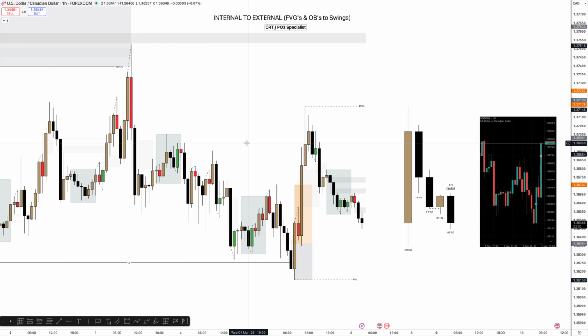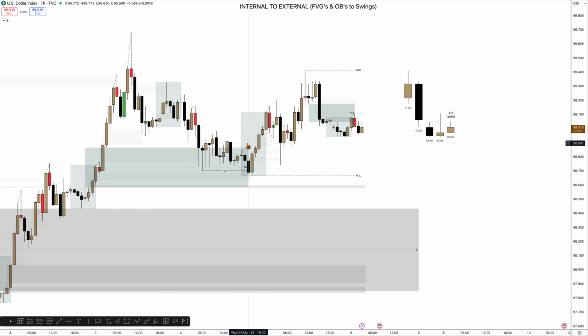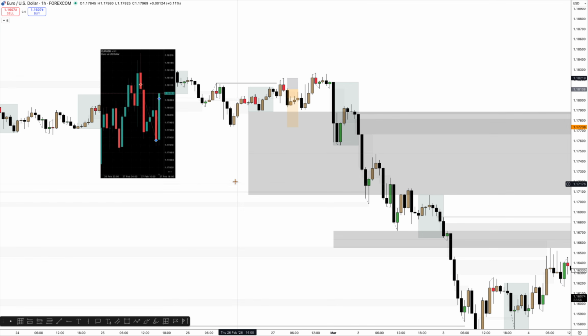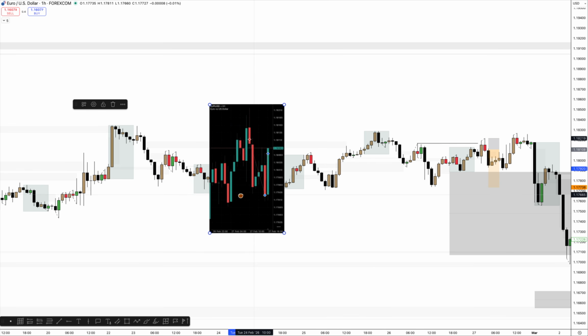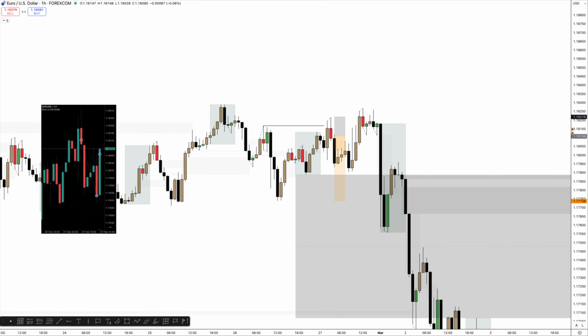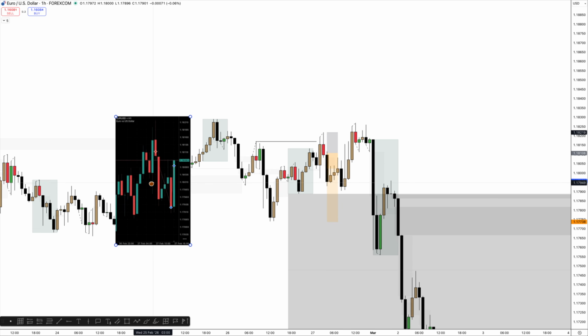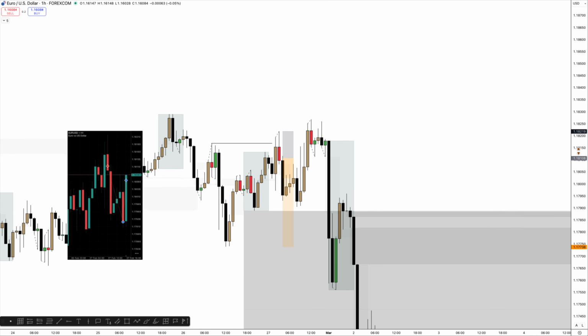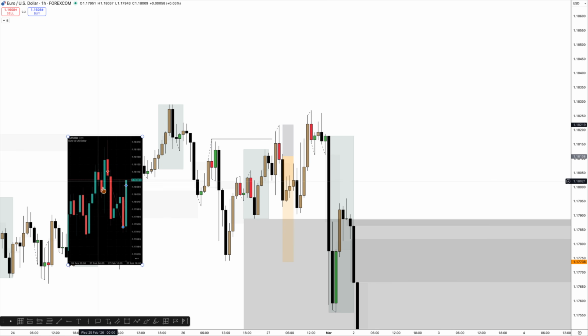If we go back again to EU, I'll give you a breakdown of a trade we took last week Friday. As you can see, market has manipulated swing liquidity.